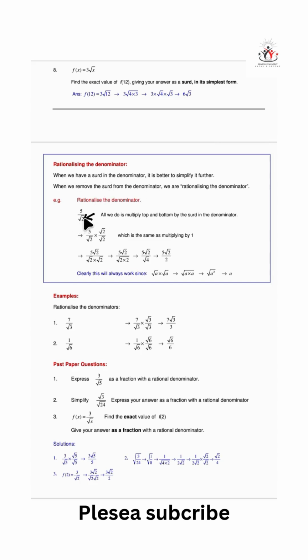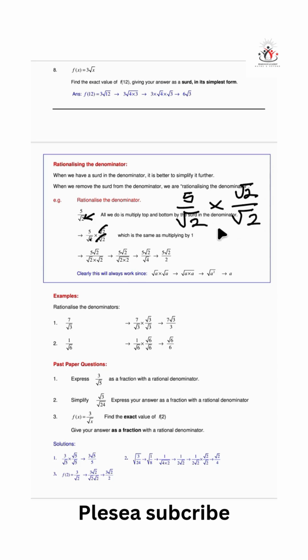Now you have the square root of 2 in the denominator. To rationalize, you multiply both sides. You multiply the numerator and the denominator by what is in the denominator. In our case, you can see that the square root of 2 all over the square root of 2 is actually 1. So you are not changing the expression. You have 5 all over the square root of 2, right? And you're multiplying it by the square root of 2 upon the square root of 2.